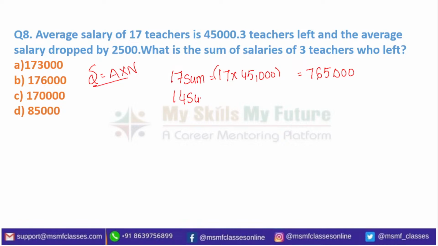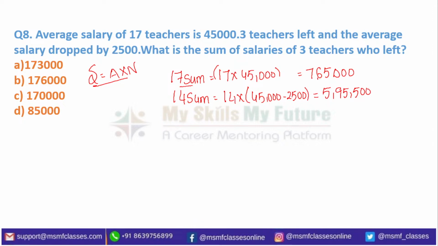Again we calculate the sum of 14 members: number of persons 14 into average. The average decreased by 2,500, so 45,000 minus 2,500, into 14, which gives 5,95,500.